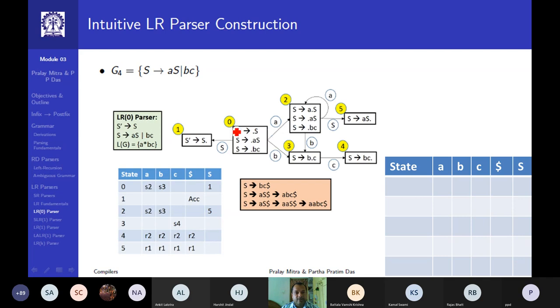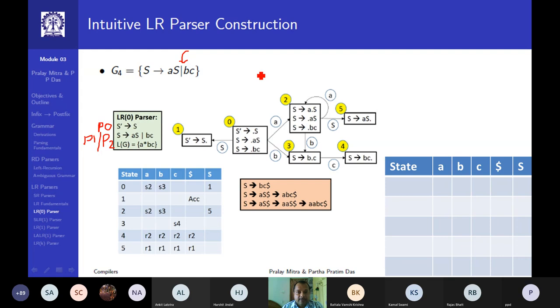Now state 0, the first state, will start with this production rule. This is my P0, production rule 0. The first one is my P1, the second one is my P2. You see that there is a vertical line indicating OR, so two production rules are combined and written there.